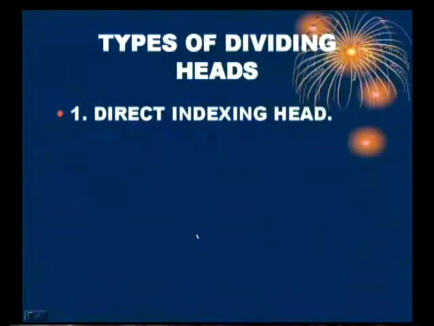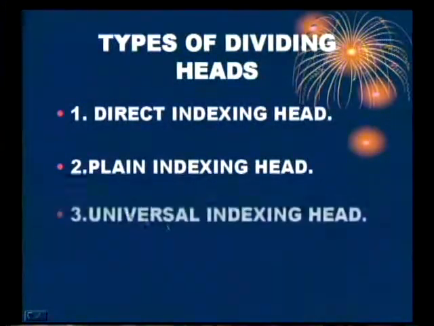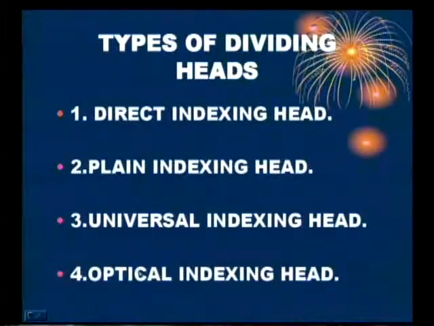There are a number of types. For example, one is the direct indexing head, the second is the plain indexing head, the third is the universal indexing head, and another is the optical indexing head. Now, we discuss each of these indexing heads in detail.